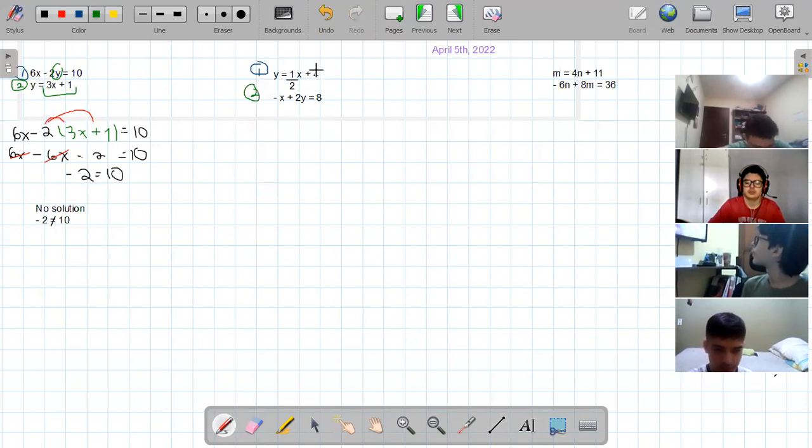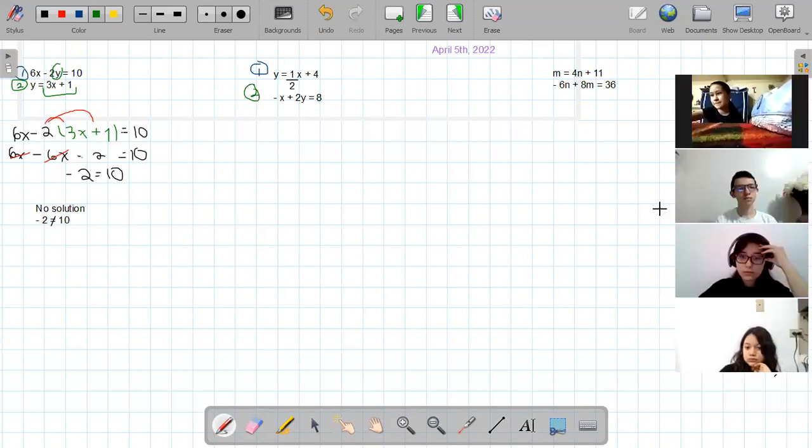What do you think in this case? Negative x plus 2y equals 8. Is it easier to leave a variable completely alone and positive on one side? No. Which one is it then? It's already given. Equation 1 has the variable y completely alone and positive already.